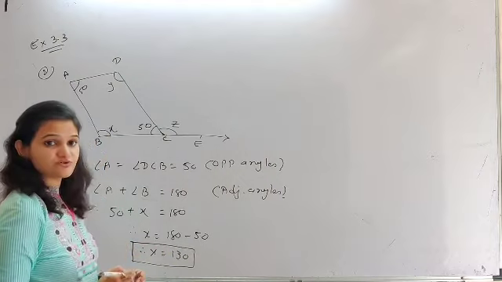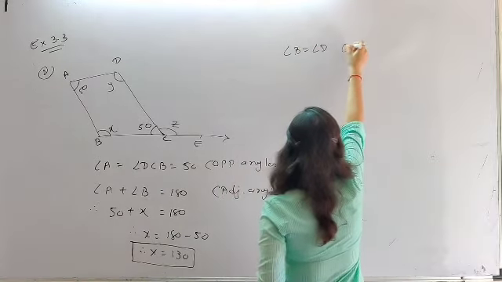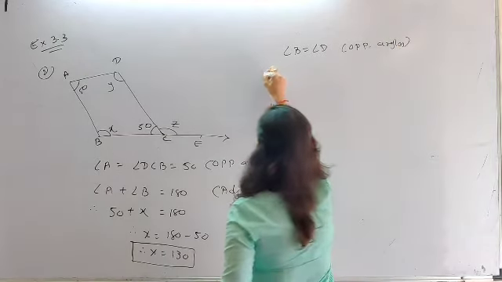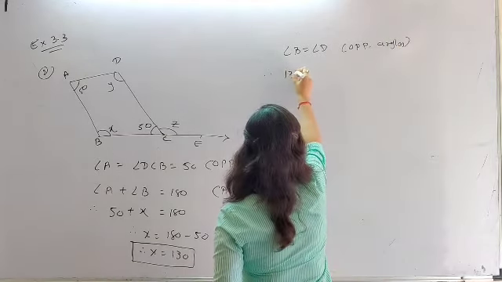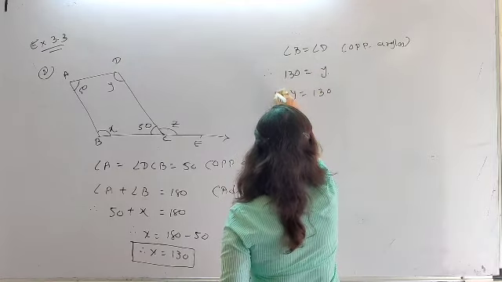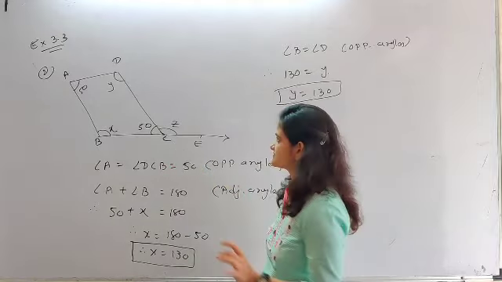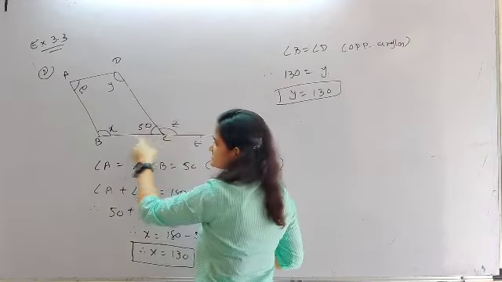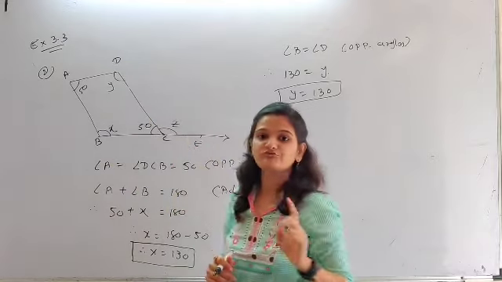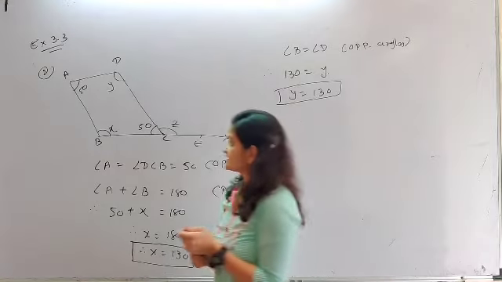As x is equal to 130, here angle B is same as angle D. They are opposite angles. So angle B is equal to x, that is 130. Angle D is equal to y, so y is also 130. Now z is an exterior angle. So here angle DCB plus angle DCE will be 180.